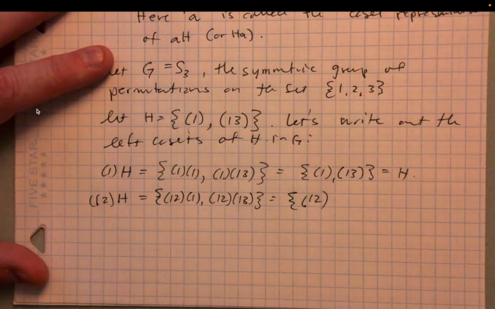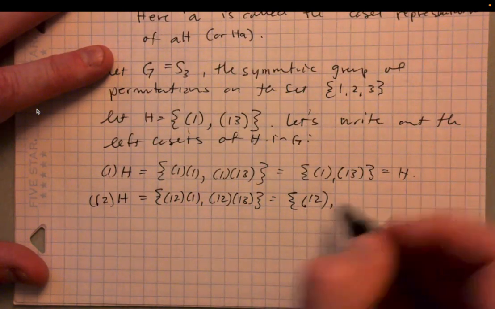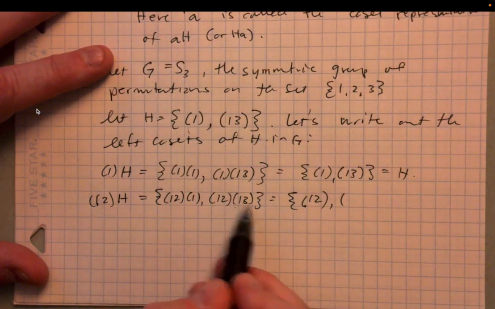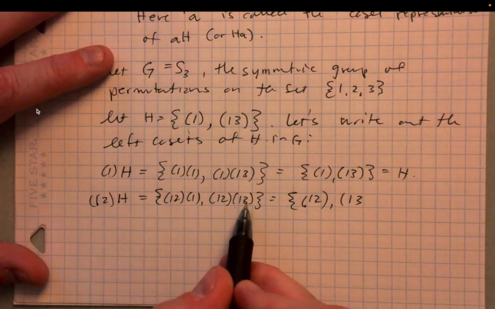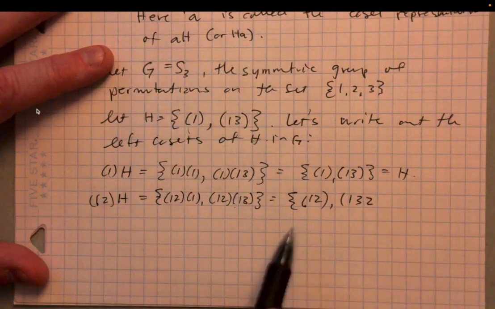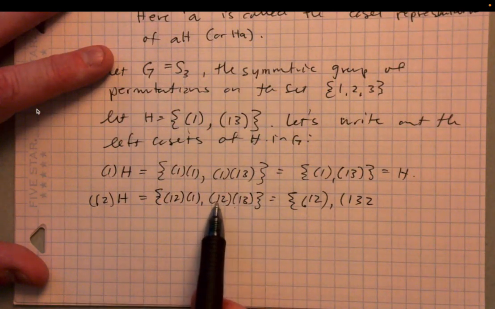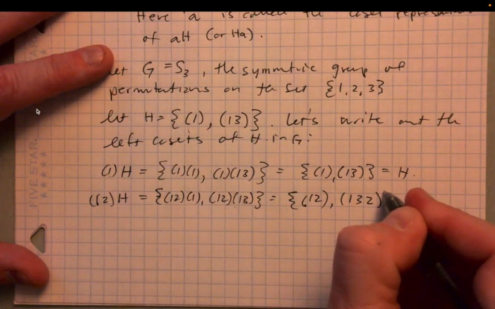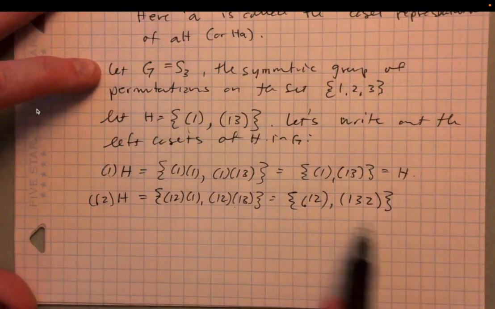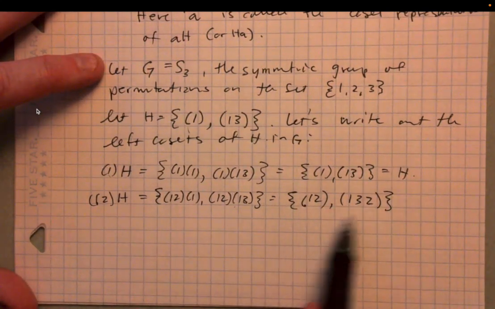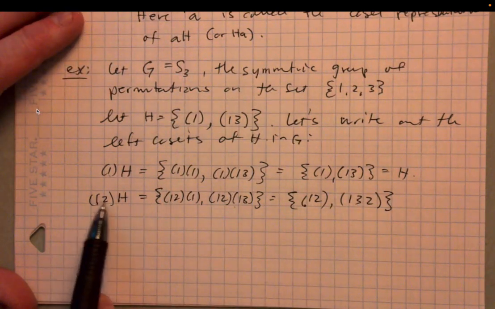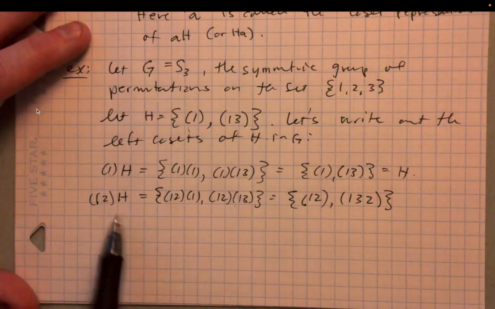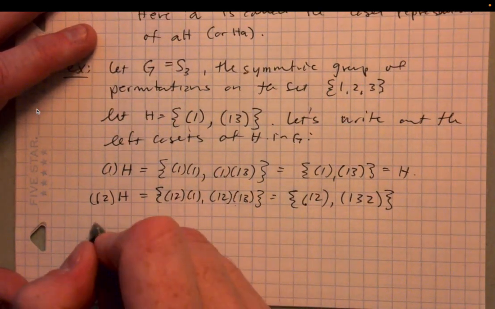So you can see that that's closed. And then what about this other one? 1 comes in, it goes to 3. 3 comes in, it goes to 1, which goes to 2. 2 comes in, and it goes to 1, back to 1. So it closes up. This is the left coset of H containing (1 2).